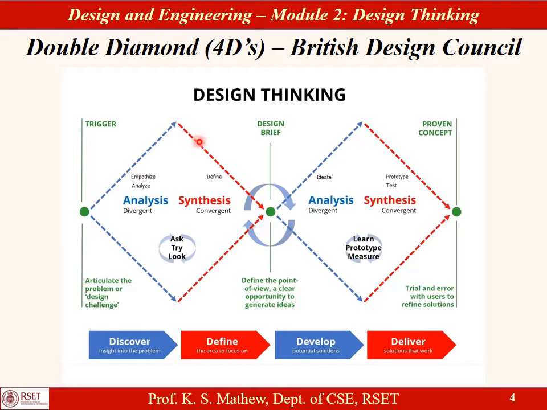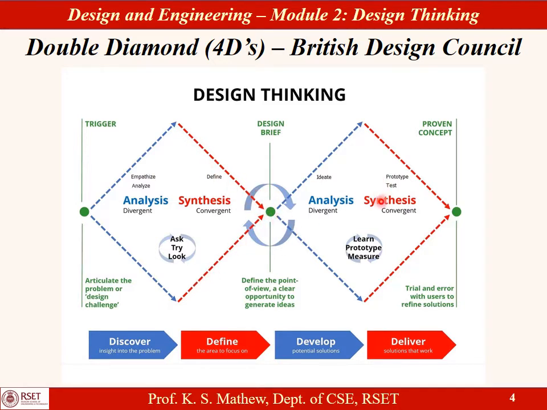Then in the convergent phase of the problem domain, you define the problem clearly and specifically. Out of all the issues identified from the user, which problem are you trying to solve at this point of time? Define that problem. You are going to converge to the right problem to be solved.